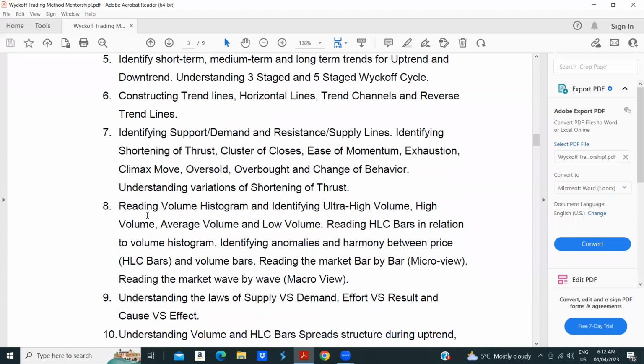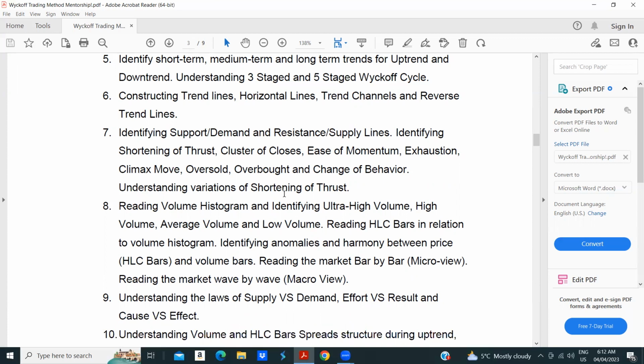Then we're going to learn how to use the volume indicator, essentially the volume histogram. There are several volume indicators, but what we're going to use in the Wyckoff method is the volume histogram.